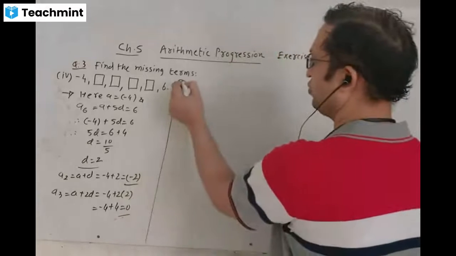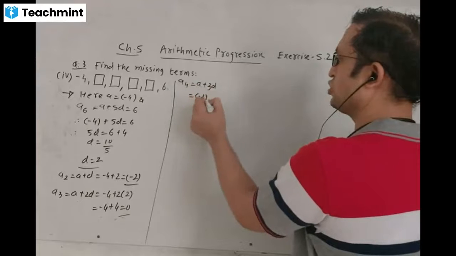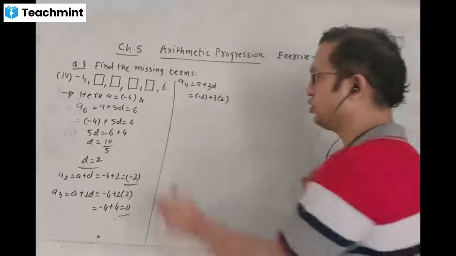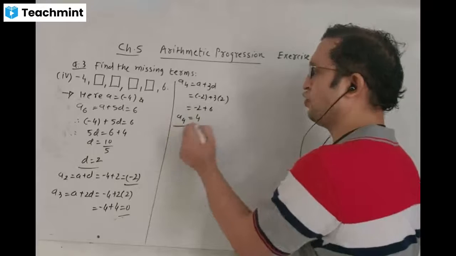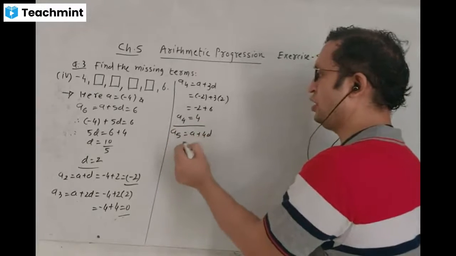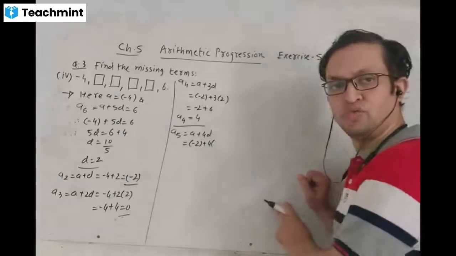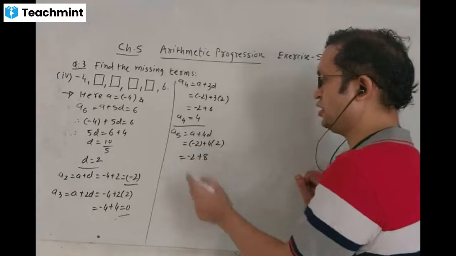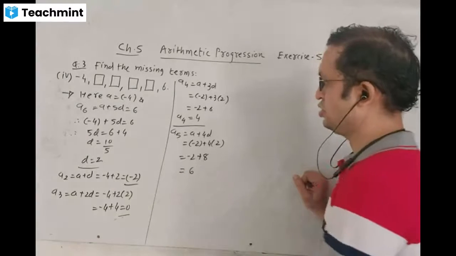Next, the fourth term is a plus 3d. a is equal to minus 2 plus 3 into 2, minus 2 plus 6, that is equal to 4.